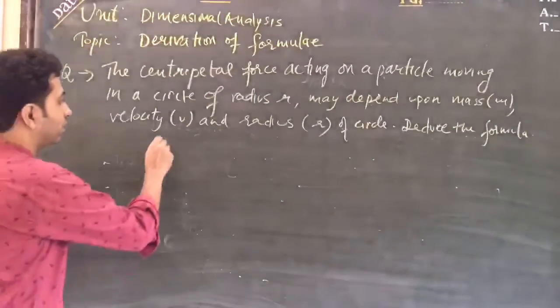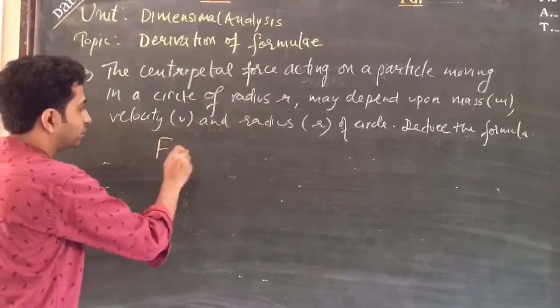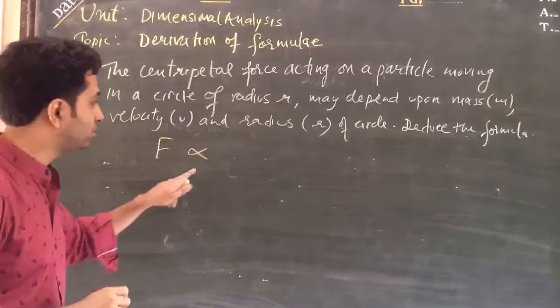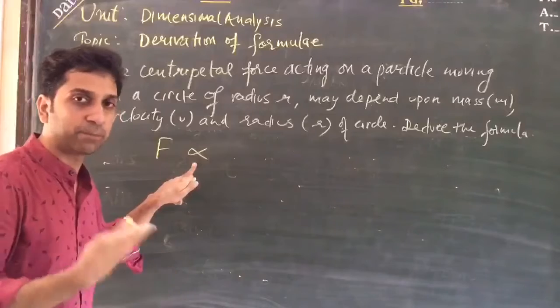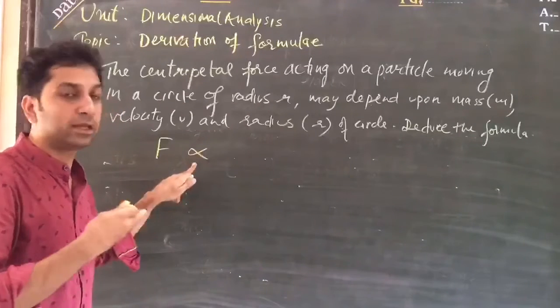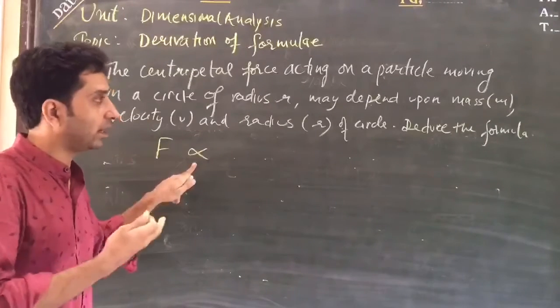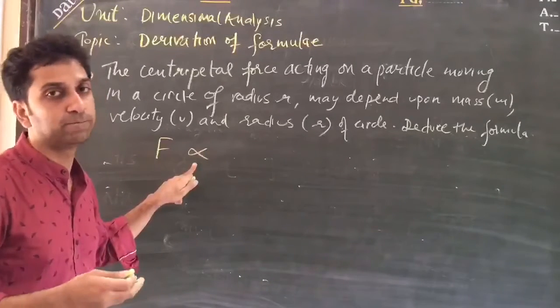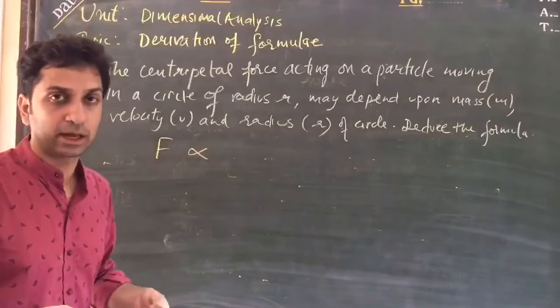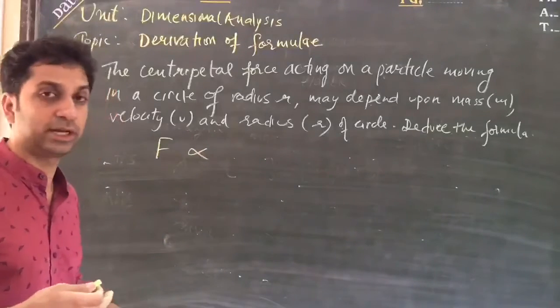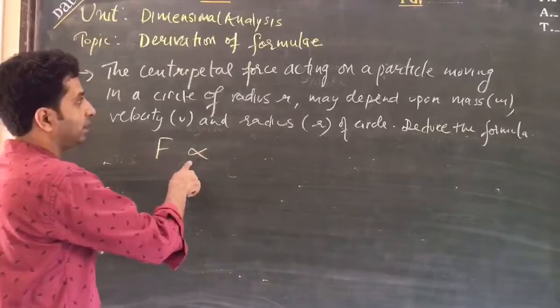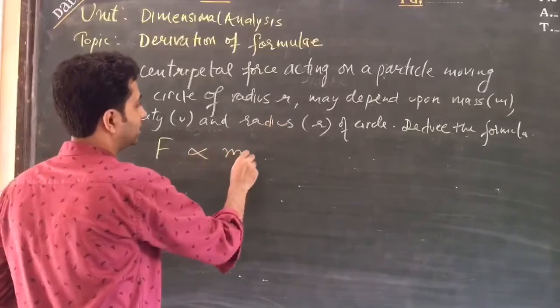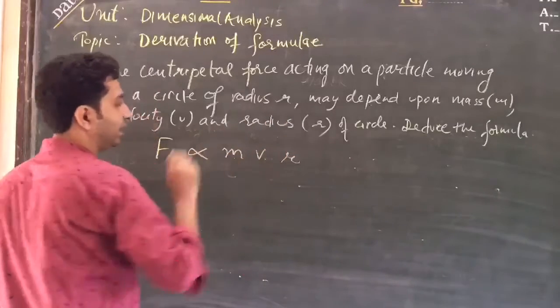First of all, it says that force depends upon these quantities, so we use the proportionality sign. We can't put the equal sign because it says that it depends. How it depends, we need to deduce. So we use the proportionality sign: first mass, then velocity, then radius.